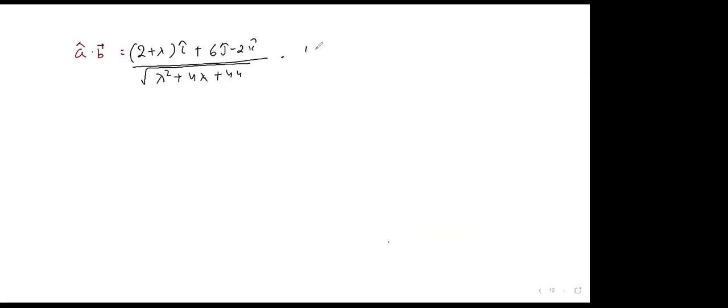B vector is i plus j plus k. And this is equal to 1 as per the question.